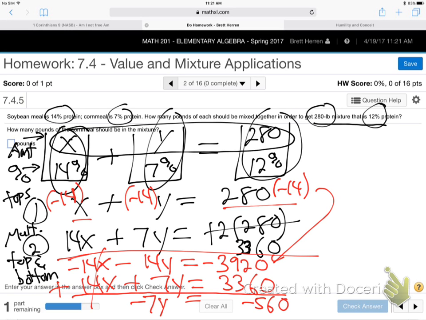Okay, we good? So I'm kind of running out of room again. These are long and messy. Maybe bring it up here if I have room over here. Minus 7y is minus 560. I'm a little bit off the screen, huh?